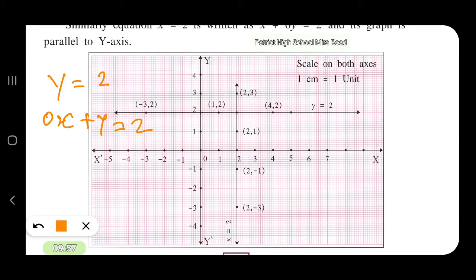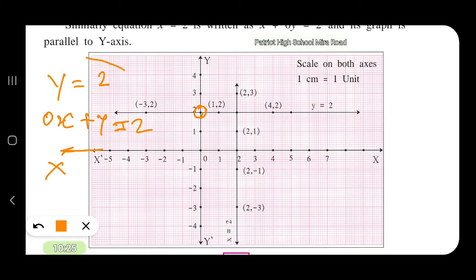In this case, what we will do is on the y-axis we mark the point 2, y is equal to 2, and from there we draw a line parallel to the x-axis. This is the x-axis, a line parallel to it, and it should pass through this point, the point 2 on the y-axis.